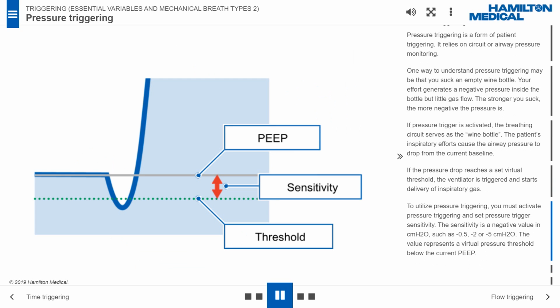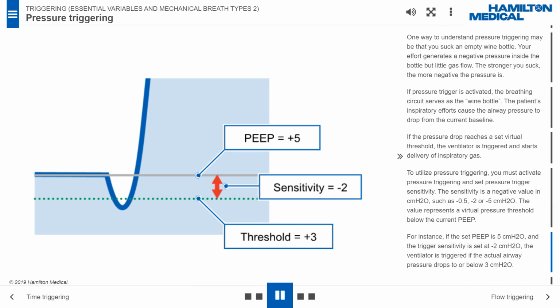To utilize pressure triggering, you must activate pressure triggering and set pressure trigger sensitivity. The sensitivity is a negative value in centimeters of water, such as -0.5, -2 or -5 centimeters of water. The value represents a virtual pressure threshold below the current PEEP.